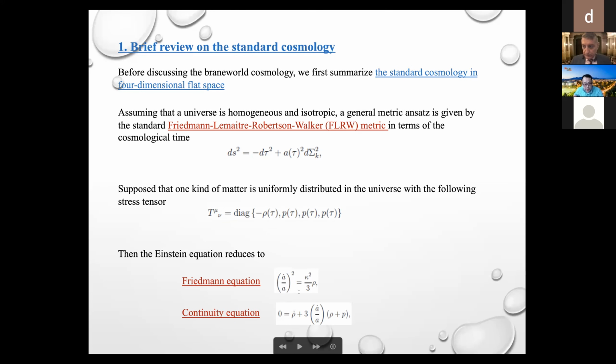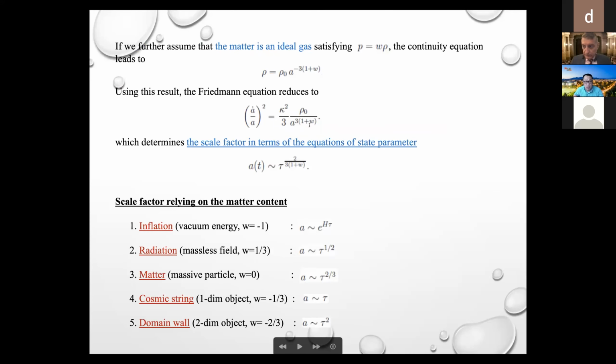The continuity equation determines the density of the matter in terms of the equation of state parameter of the matter. So depending on the matter, the expansion rate of the universe changes.